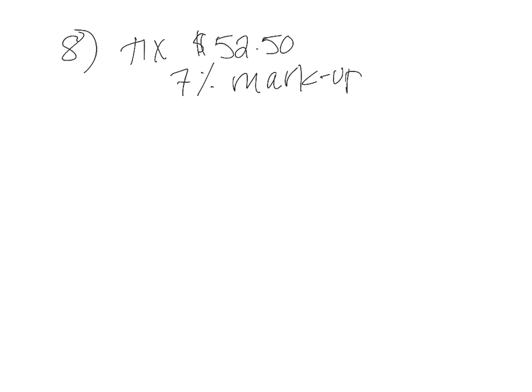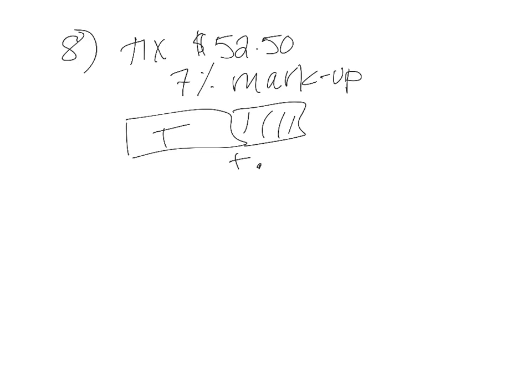So for number 8, we have tickets that cost $52.50 each, and there is a 7% markup, which means that we're going to pay more than $52.50. So I have my ticket, and then I'm marking it up, so it's adding the 0.07 because that's what 7% is. So if I write this as an equation, I have t plus 0.07t.